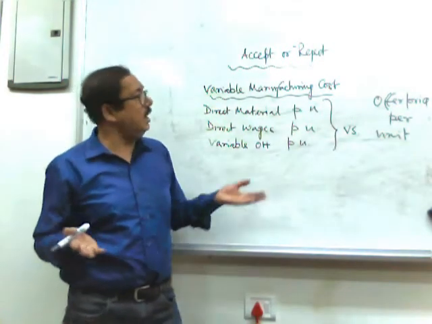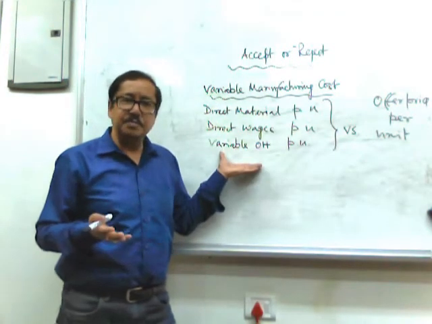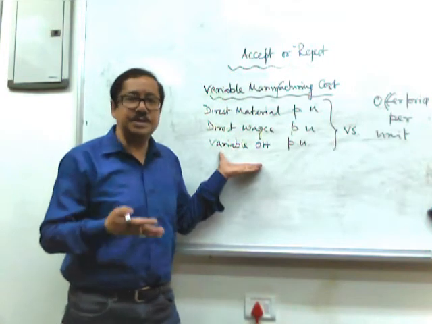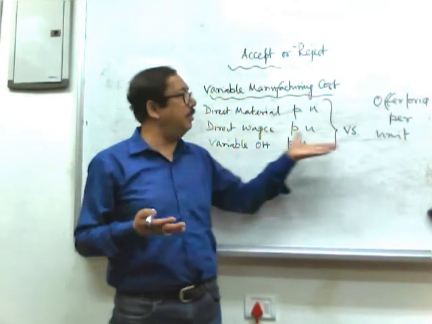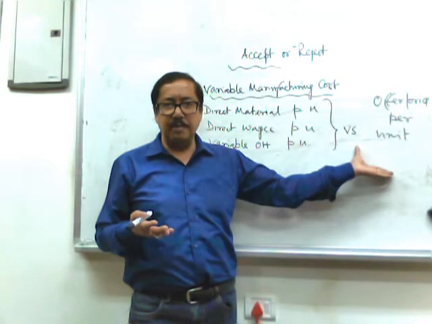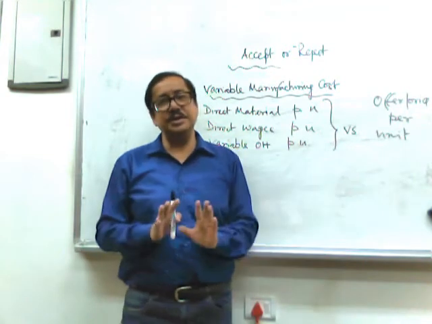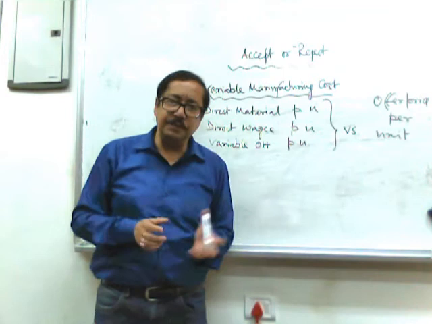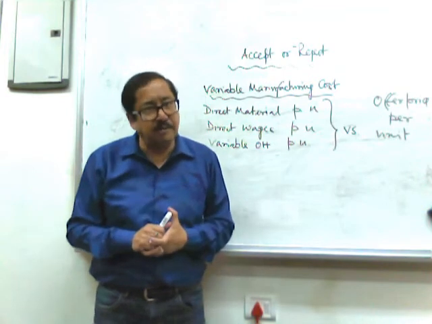On the contrary, if we find that the manufacturing cost is more, we are unable to cover the amount by selling it, so there is no point in accepting this particular offer.